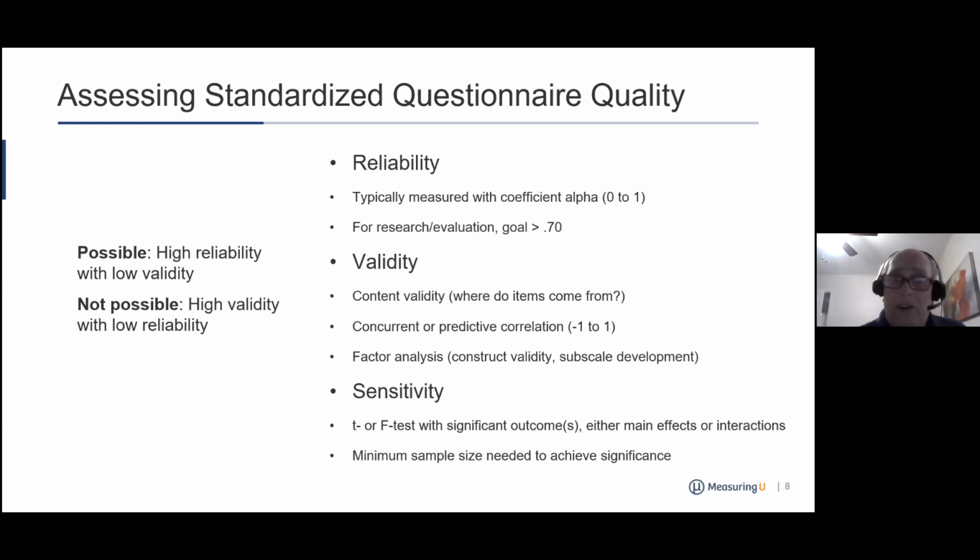There are a lot of different types of validity, but we'll just talk about a couple of them here. Content validity has to do with where did the items come from that go into the instrument. And there is no statistic or measurement associated with that. That's a process validity.